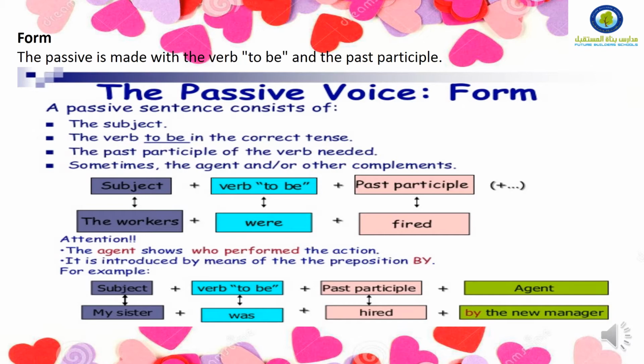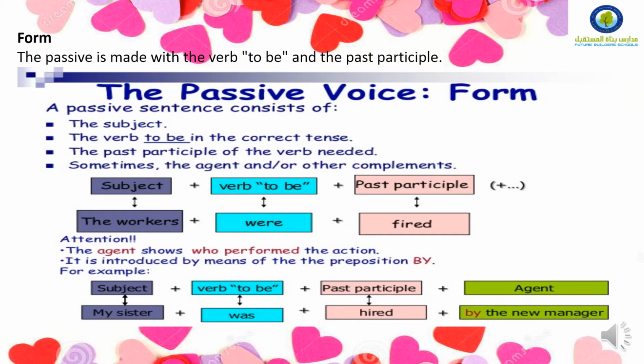So here the passive voice form: a passive sentence consists of the subject, then verb to be, then past participle. Past participle means verb 3. Okay? Then we can add the complement of the sentence or sometimes the agent, or by with the subject.